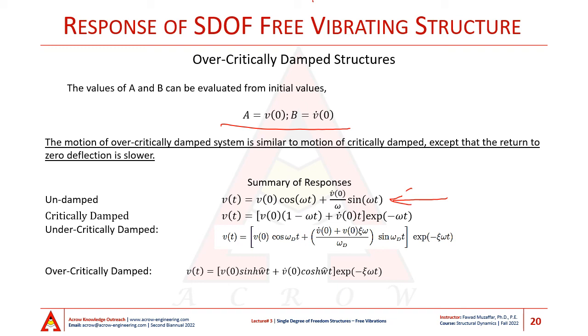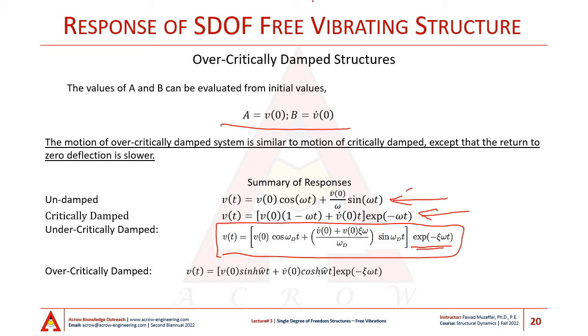The second equation of motion is for a critically damped freely vibrating system. The third equation is the most encountered scenario, and it gives us the equation of motion of an undercritically damped system. The response of the undercritically damped system decays exponentially.